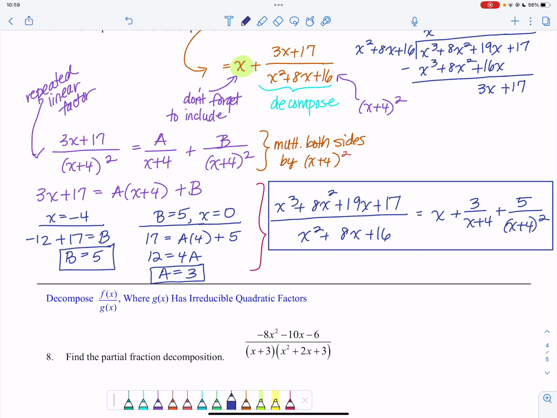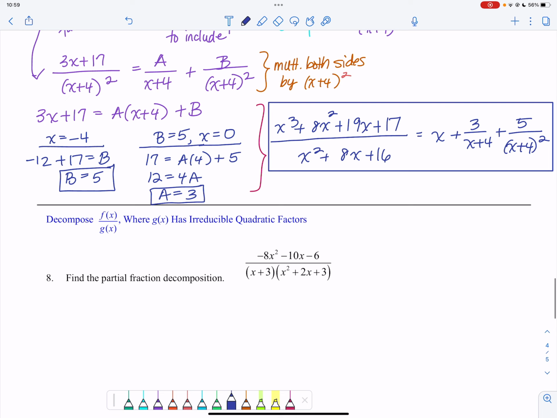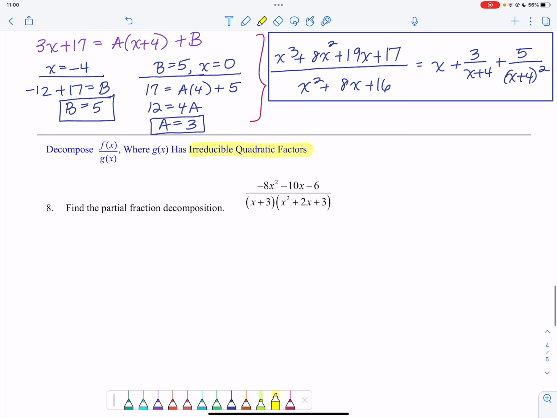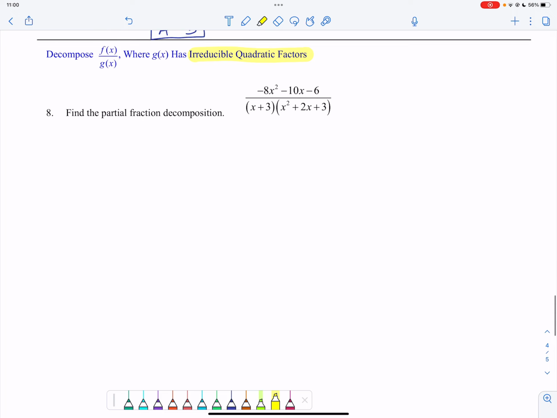Okay, now what's going to happen if we have irreducible quadratic factors? So g of x, the denominator, has irreducible quadratic factors. We can't reduce this, so there's our irreducible quadratic factor.